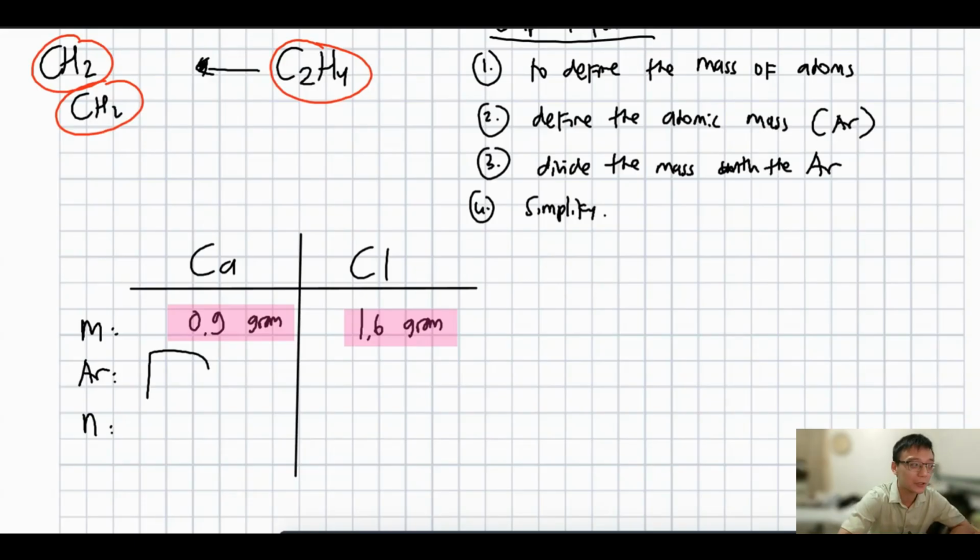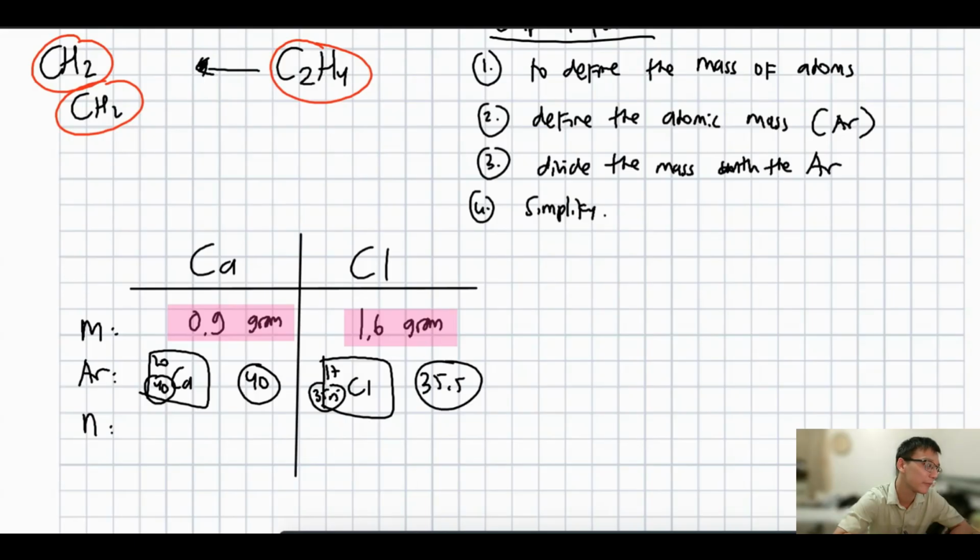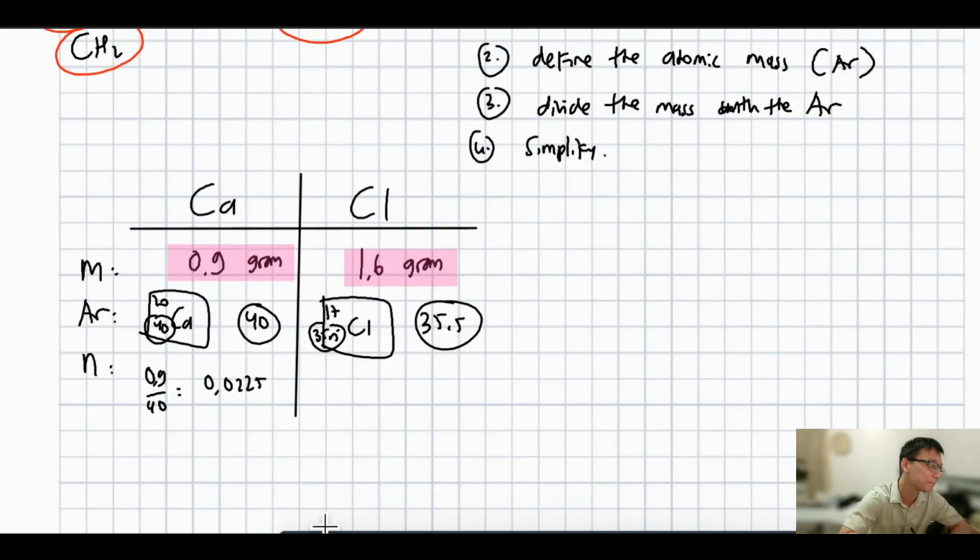For the AR, you just need to look at the periodic table. So calcium is actually 20, 40. So 40 here. And Cl 17, 35.5. So 35.5 here. In order to find the mole, you just need to divide the mass over the AR. It will become this number.